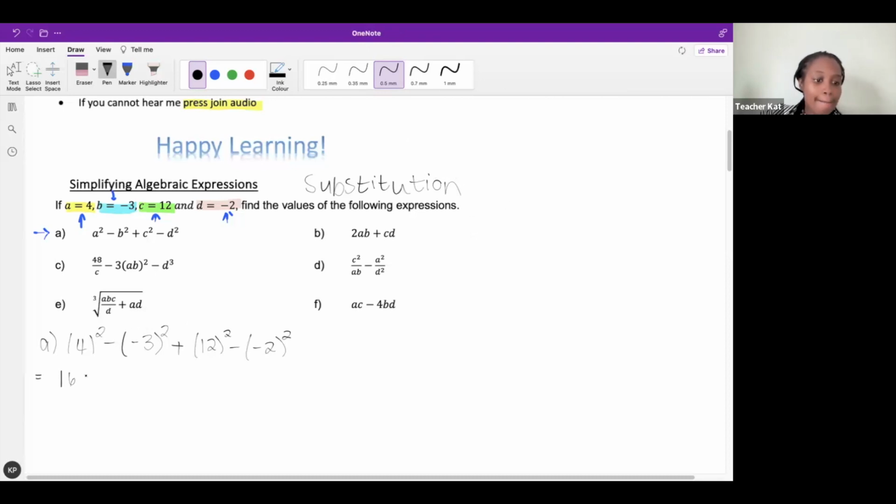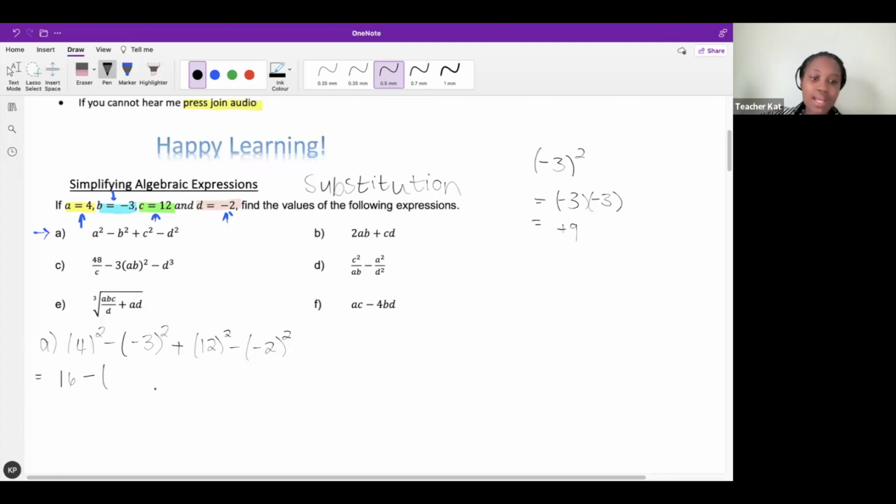Minus. Now, we have a -3 all squared. This means -3 multiplied by -3. And 2 negatives will give you what type of answer? Nice, Butlali. This will give us a +9.